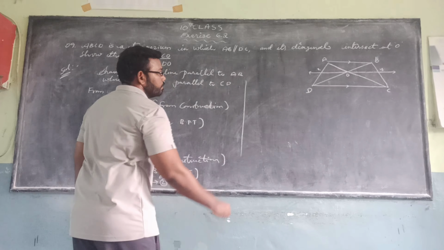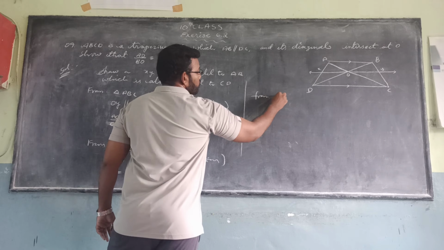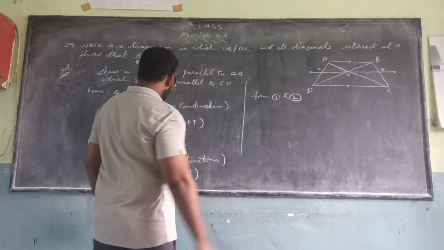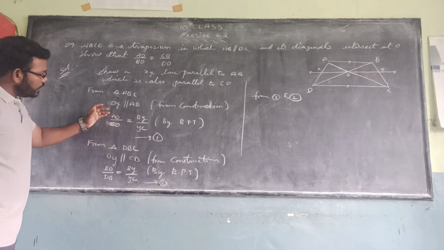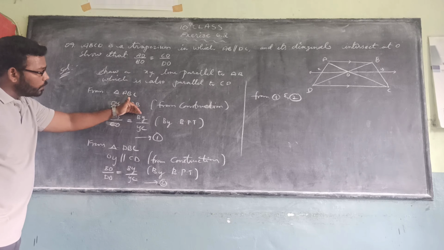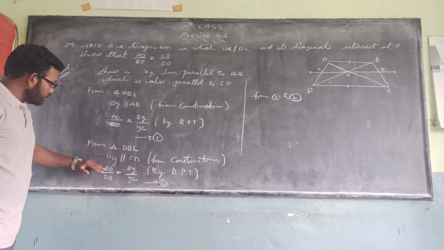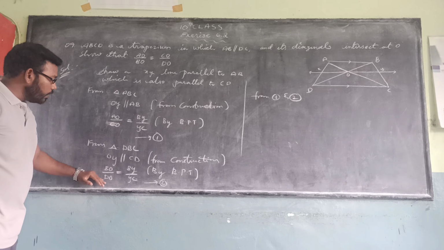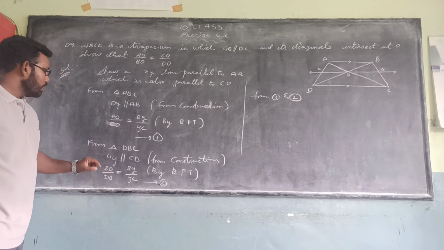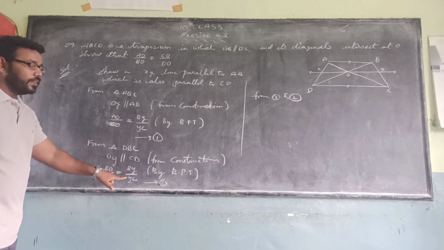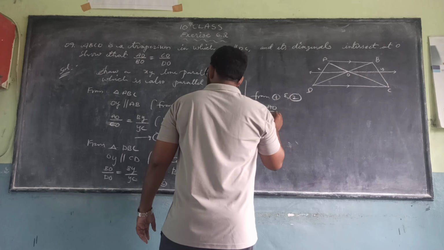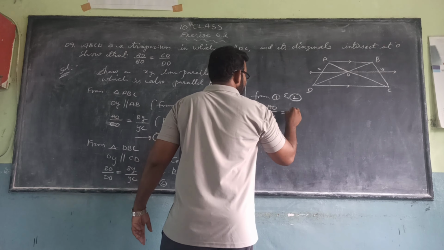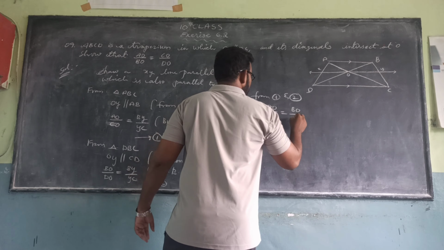From 1 and 2, we can write that here if you observe, AO by CO is equal to BY by YC. Here also BO by DO is equal to BY by YC. Here both terms are equal to the same term. That's why we can write that AO by CO is equal to BO by DO.